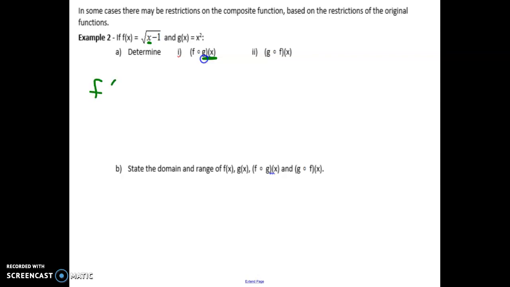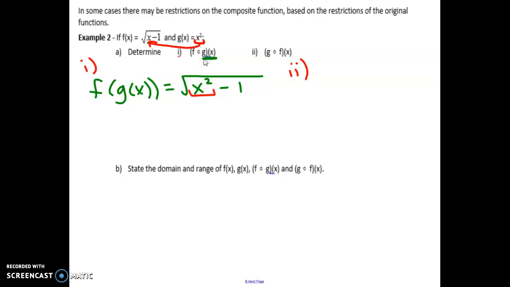So f of g of x is going to equal the square root of x squared minus 1. What happened here is, again, g of x was x squared, and I'm going to put x squared in for x in my f function. So I'm trading the x squared into the x position of my new function.